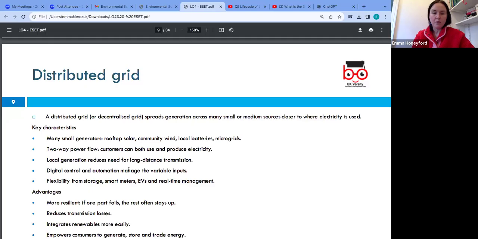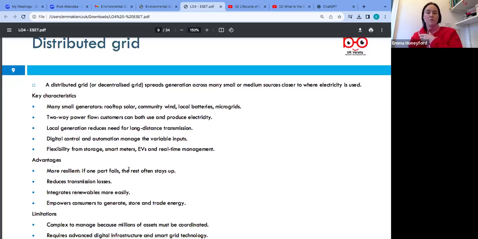So there's potential to have more control over this system. The advantages are that we're more resilient. If one part fails, the rest often stays up, in comparison to the central grid, where if something goes wrong, it impacts the whole chain. It reduces transmission losses, so energy doesn't have to travel as far, and you're not losing energy there.